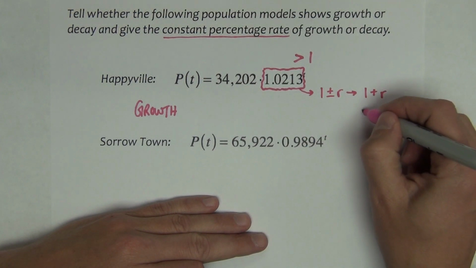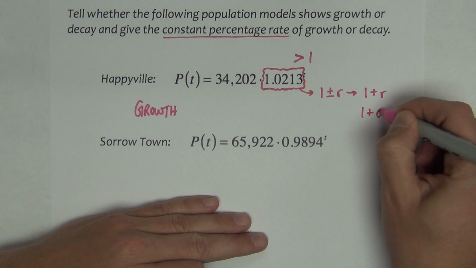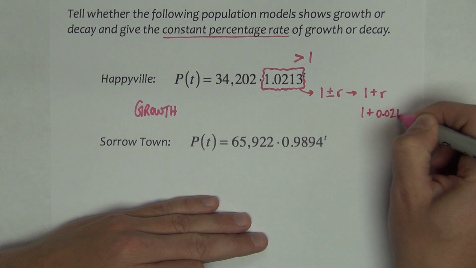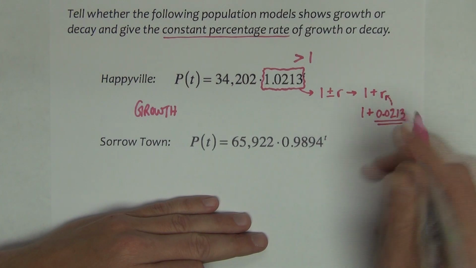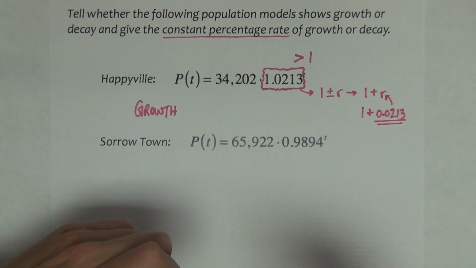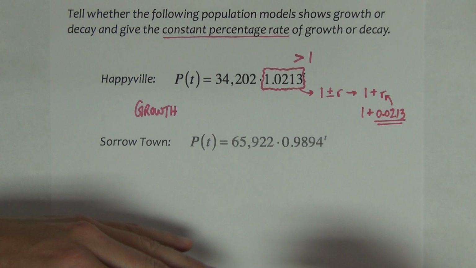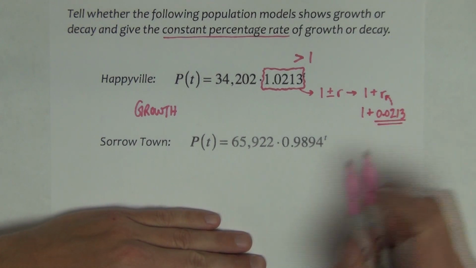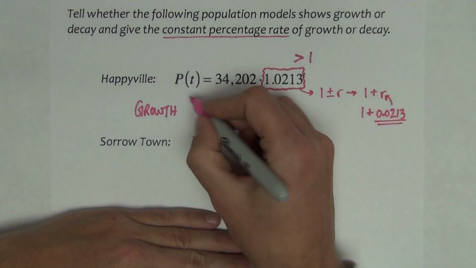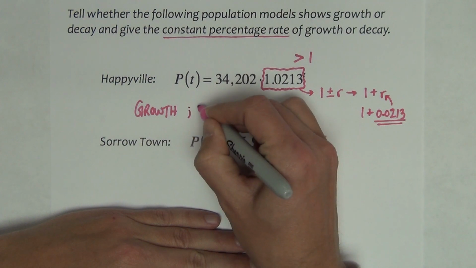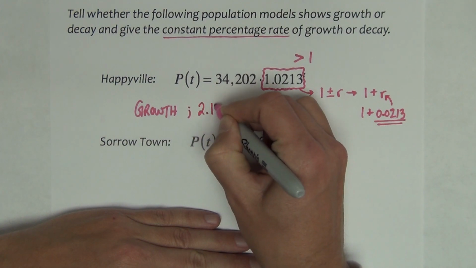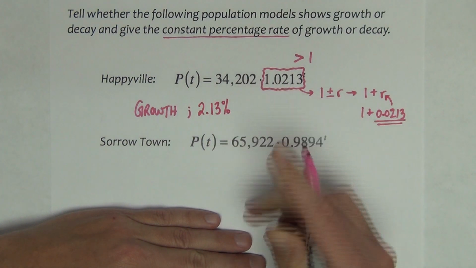The answer would be 1 plus 0.0213. So that is the r. If that's the r, then what's the percentage growth rate? If we convert that decimal into a percent, our growth rate percentage is 2.13%.